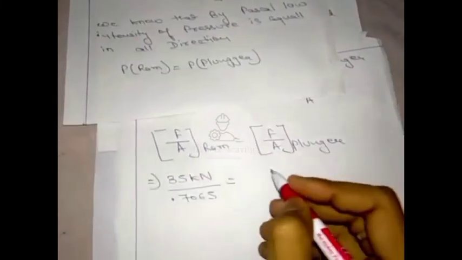So we'll put the value here, 0.7065 is equal to force on plunger we have to calculate, so we will write as it is, and area on plunger here we have calculated 3.14 into 10 power minus 4.